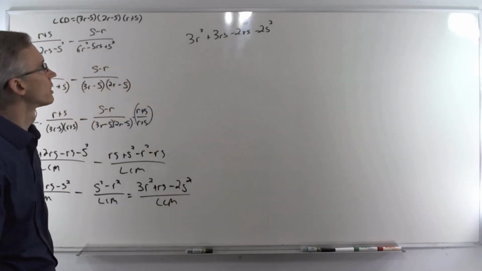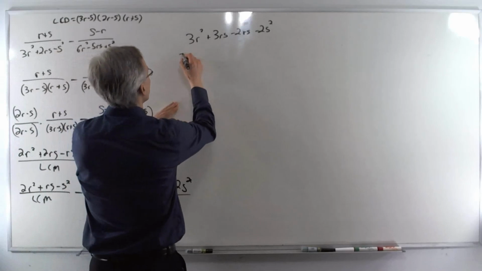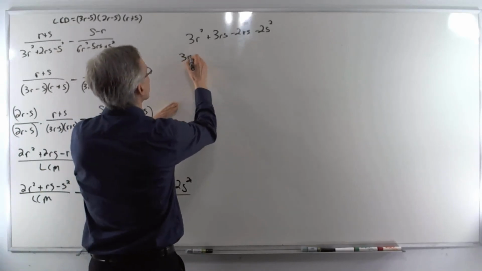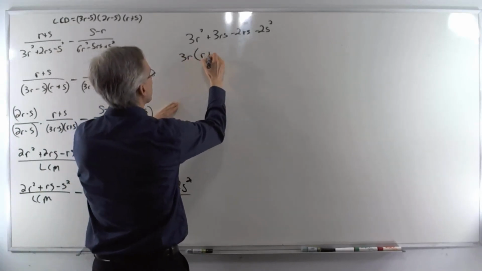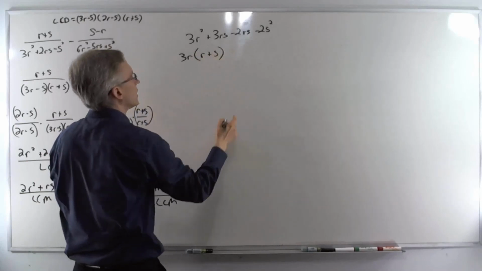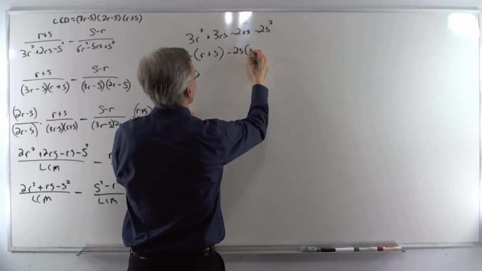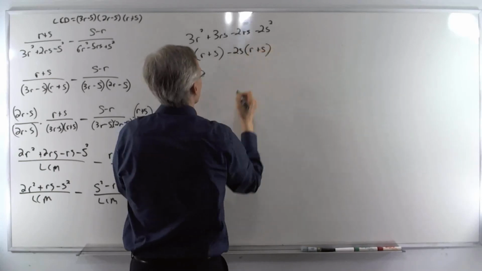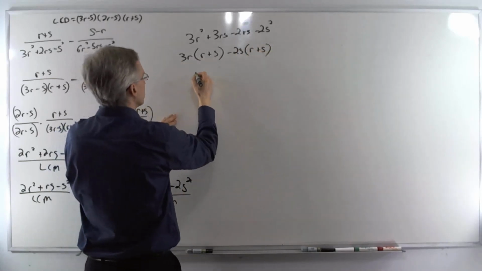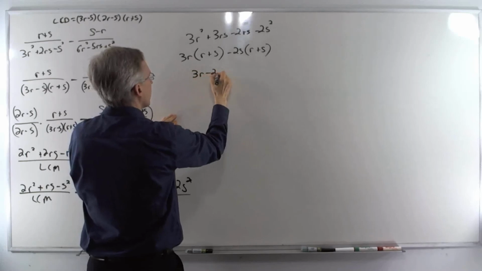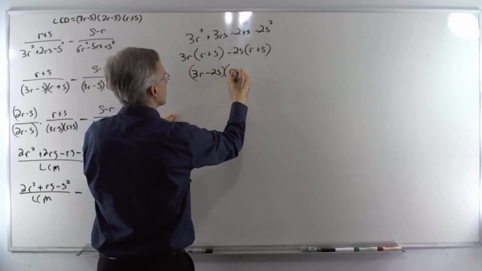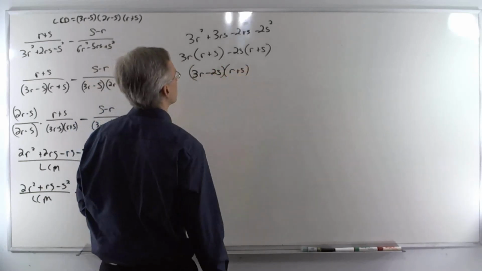And now we can factor 3r out here to get r plus s. And over here we can factor out a negative 2s and get r plus s. So this factors into 3r minus 2s times r plus s.